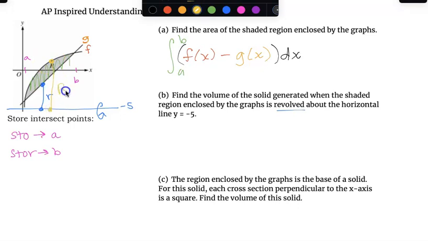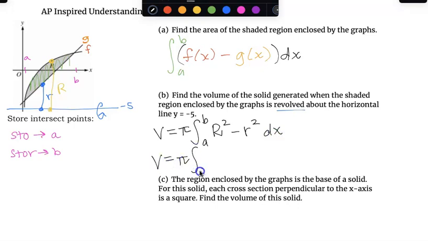This would be my big R. So my volume is going to be pi times the integral from A to B, big R squared minus little r squared with respect to the x-axis, whatever I've stored. And of course, you can write this as two separate integrals if you'd prefer.